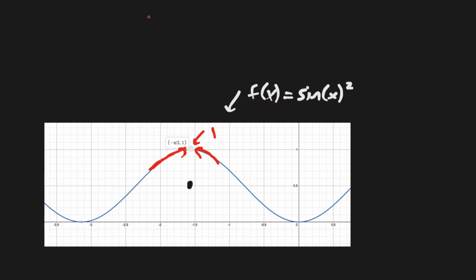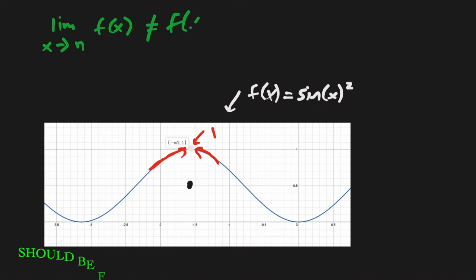And just to put it as a general rule, we can put it up here. The limit, and I'm going to put this in green just because. So the limit as x approaches a number, we'll call this n, we can call it whatever we want, for the function f of x, if this is not equal to the actual f of x value, we know that we have a discontinuity.